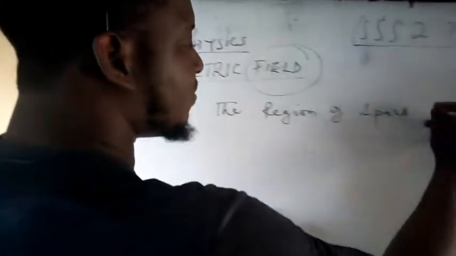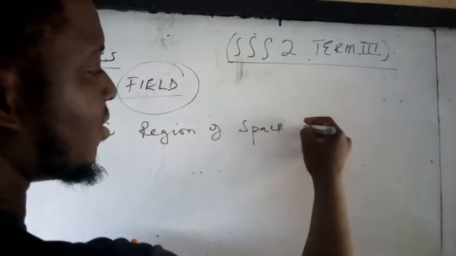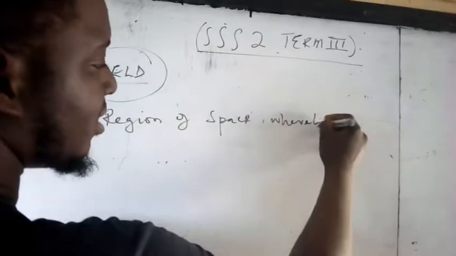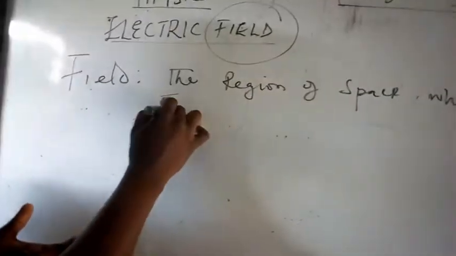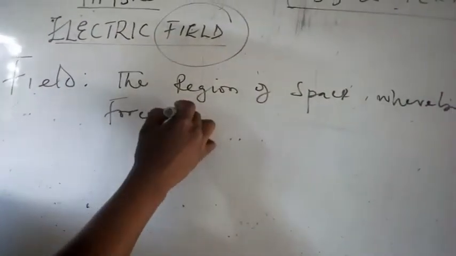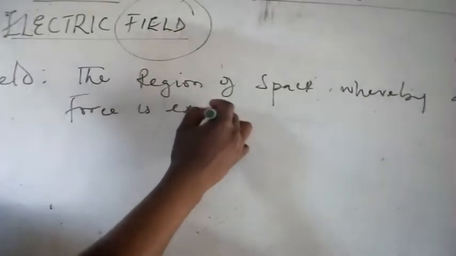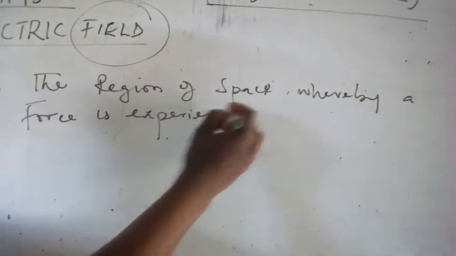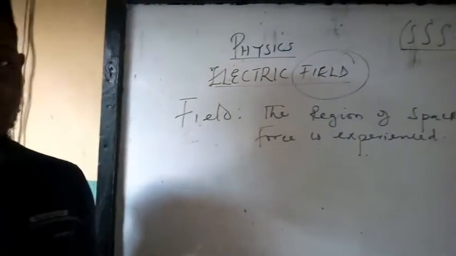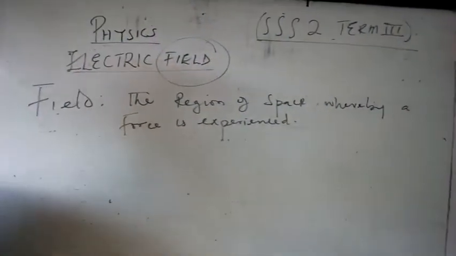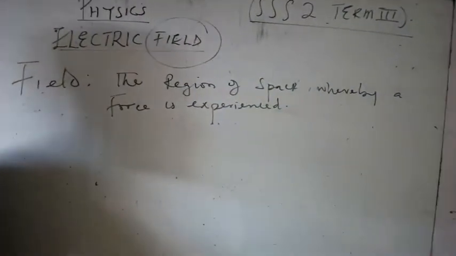A region of space whereby a force is experienced. So when you talk about field in physics, you talk about a region of space whereby a force is experienced, as you can see written on the board. Please, I want you to write it down.